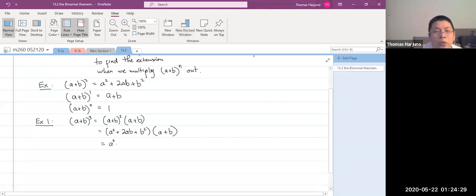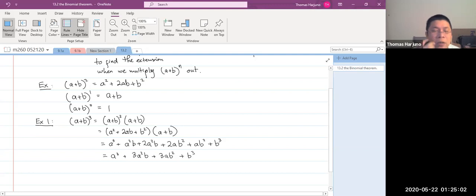This is a cubed plus a squared b plus 2a squared b plus 2ab squared plus ab squared plus b cubed. That will be a cubed plus 3a squared b plus 3ab squared plus b cubed.